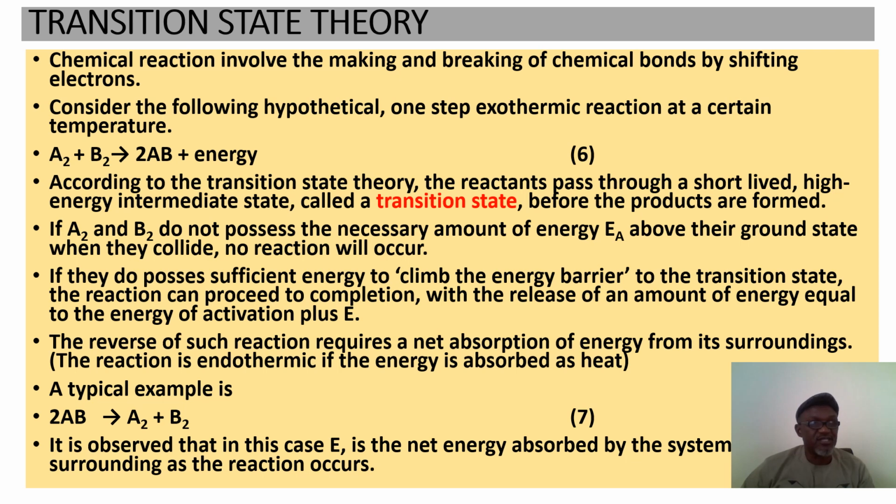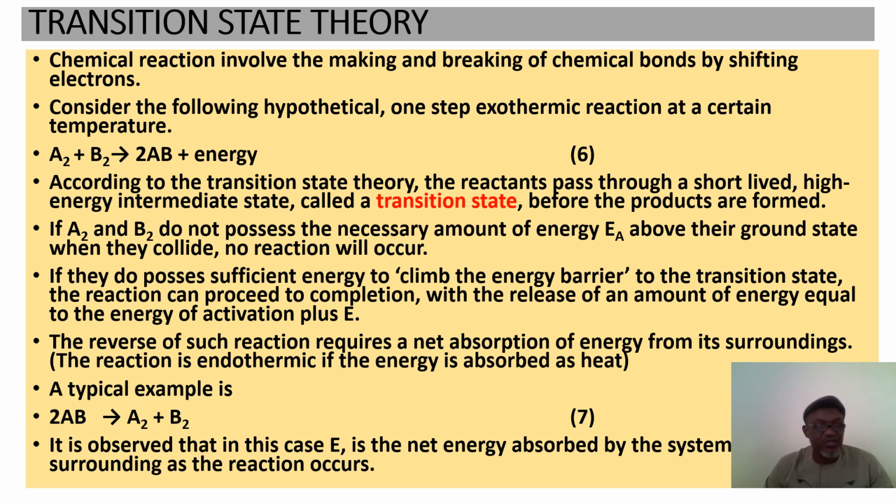So what transition state theory is saying is that first, these reactants will come together and form a transition state. Now, this transition state will be short-lived. It is this transition state that will eventually go into products or revert back into reactants. The same reaction profile.